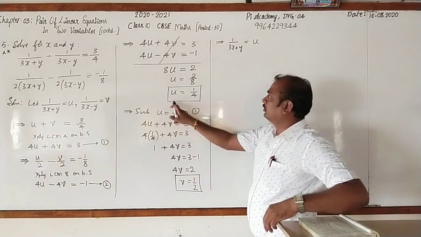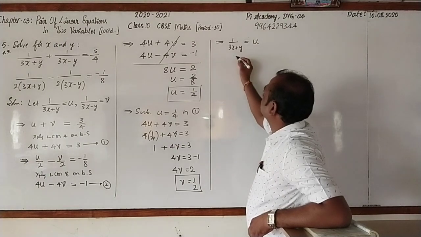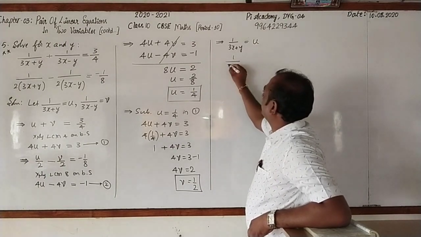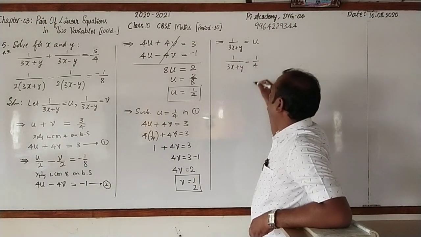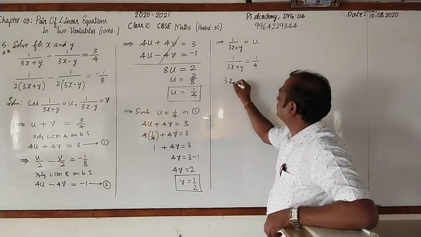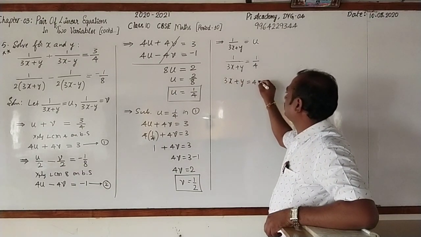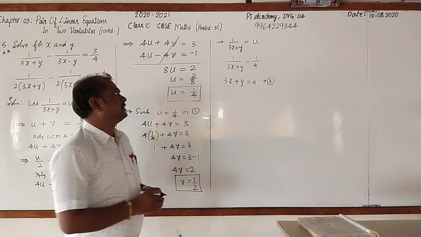What is the value of u? u is 1 by 4. Here I write 1 by 3x plus y is equal to 1 by 4. Then go for cross multiplication. You will get 3x plus y is equal to 4. You may call it equation 3.